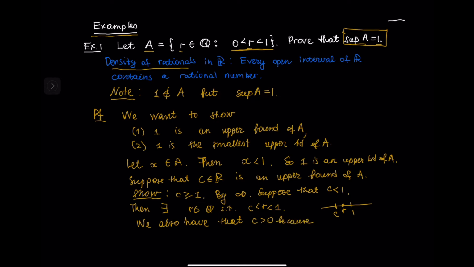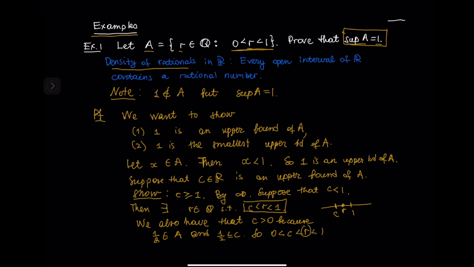because, for example, the number 1/2 is in A and C is an upper bound of the set A, so 1/2 is less than or equal to C. So C is actually greater than or equal to 1/2, so definitely it is greater than 0. So then coming back to this inequality, we have 0 is less than C, less than R, less than 1.